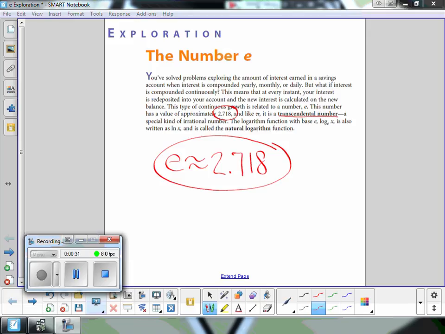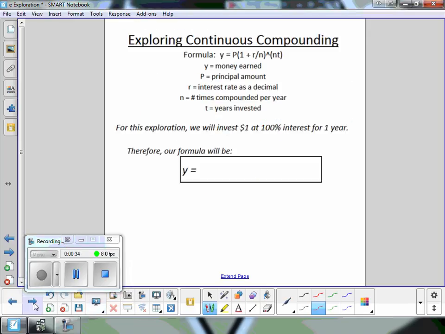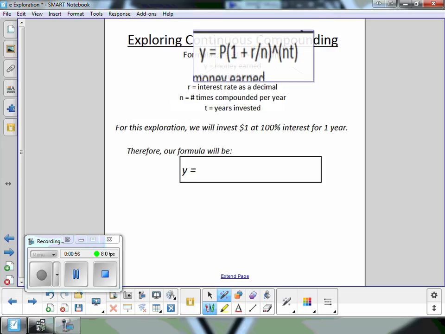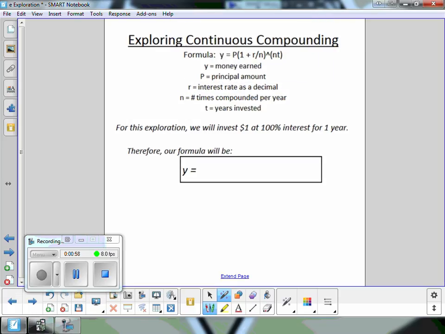To find e, we're going to go back to a concept that we learned about last chapter on continuous compounding. If you recall continuous compounding, it's using the formula y equals p times 1 plus r over n to the nt power, where p is the amount of money that you put into the bank, r is the interest rate converted to a decimal, n is the number of times that you compound the money per year, so 12 for monthly, 52 for weekly, and so on.